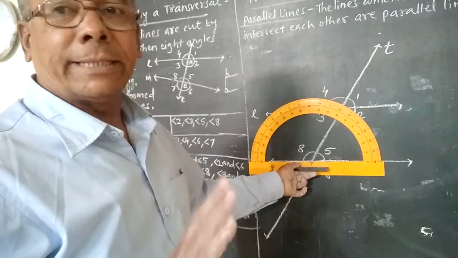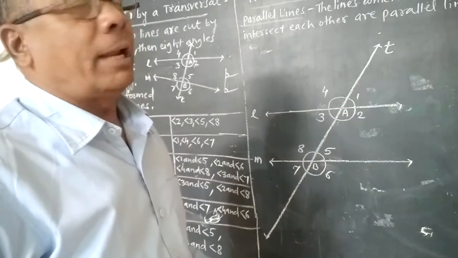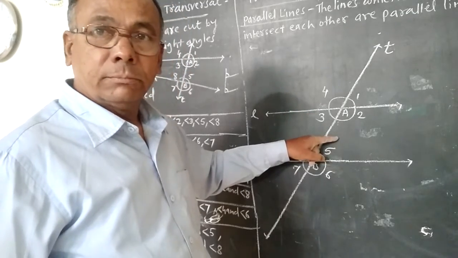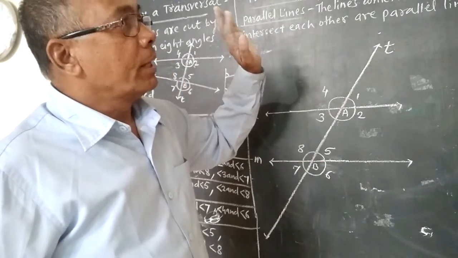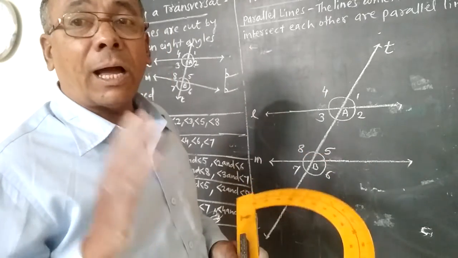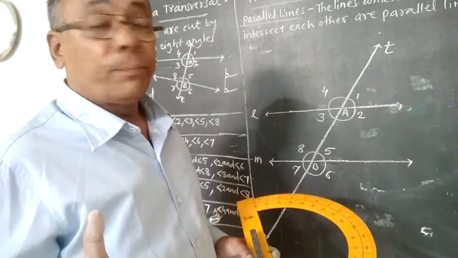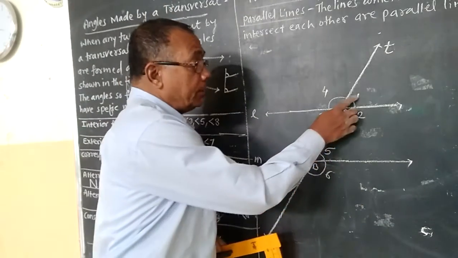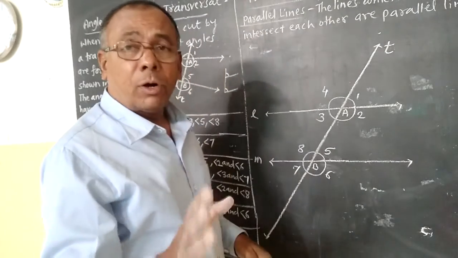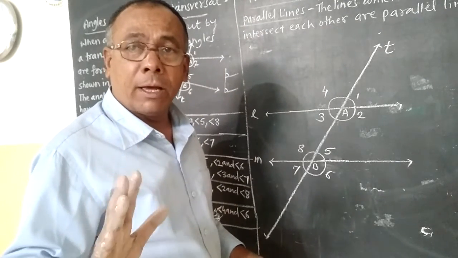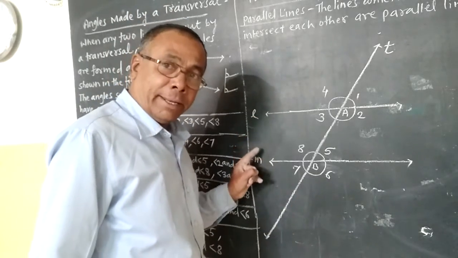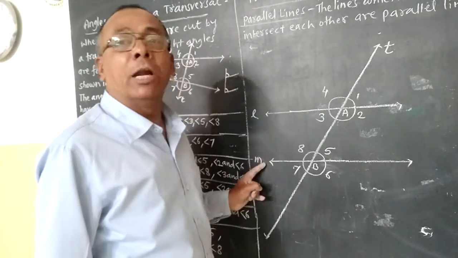Now the property says that if two parallel lines are cut by a transversal, then each pair of corresponding angles is equal. So a pair of corresponding angles is equal only if line L and line M are parallel to each other.